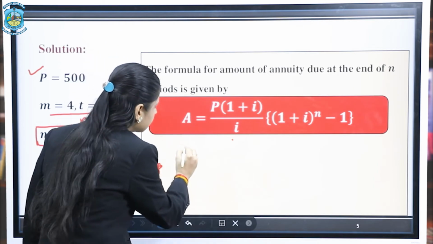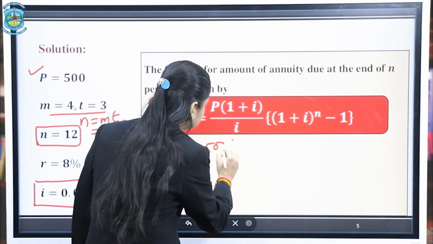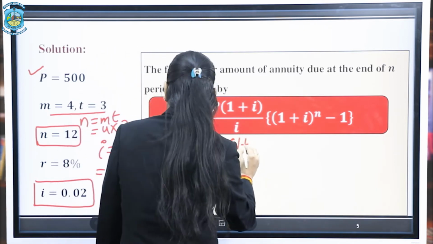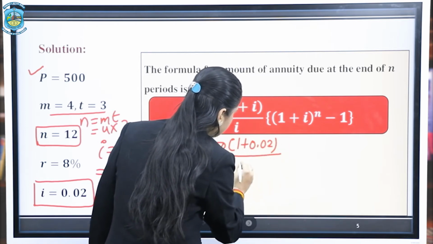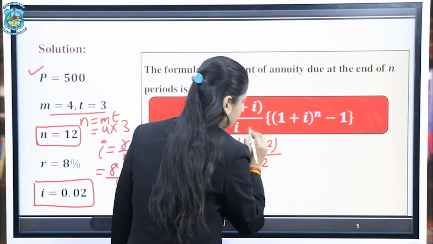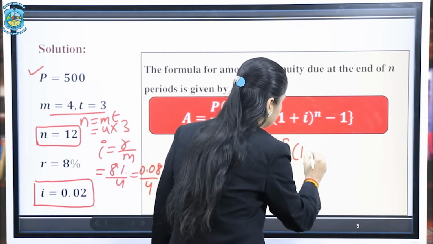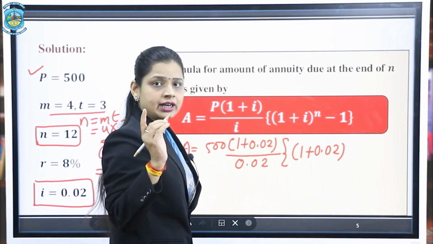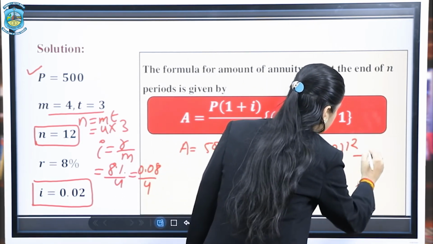Then we get A equal to P is 500 multiplied with (1 plus i), that is 1 plus 0.02, divided by 0.02, and this whole term multiplies with (1 plus 0.02) to the power n, and n is 12, minus 1.